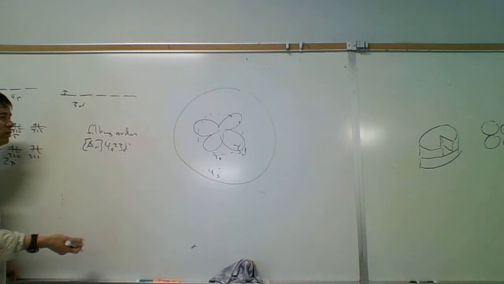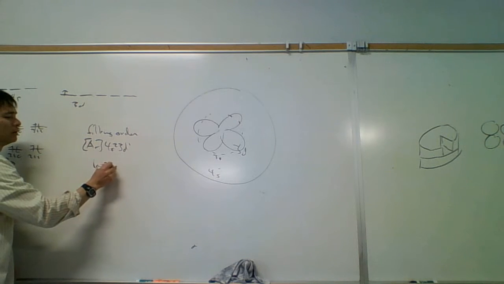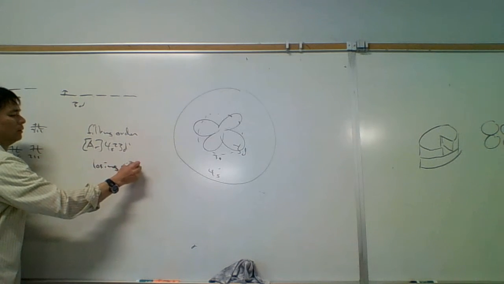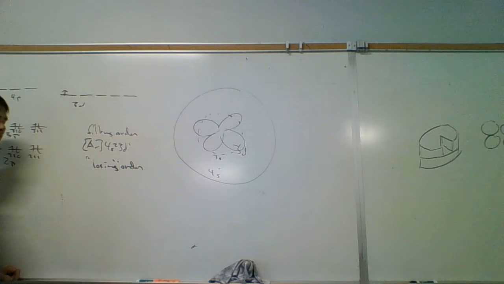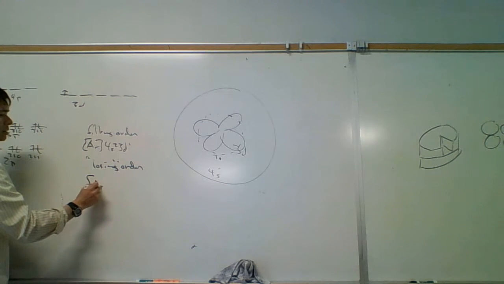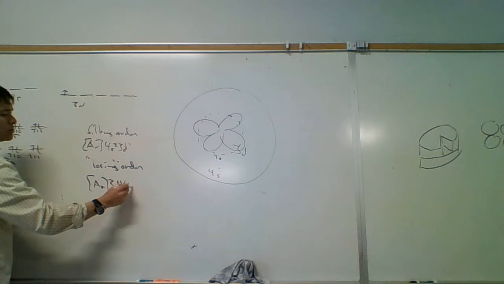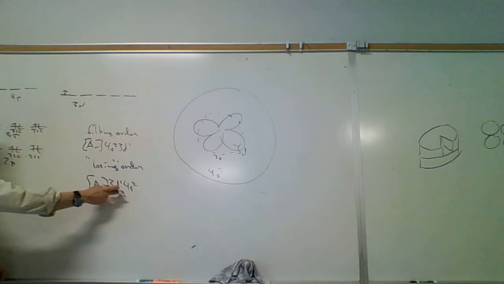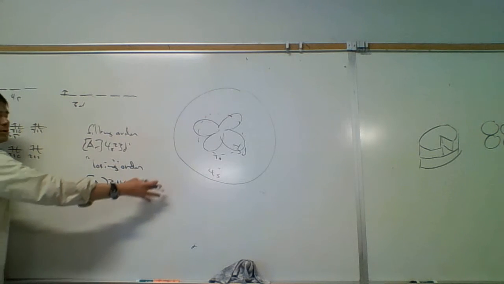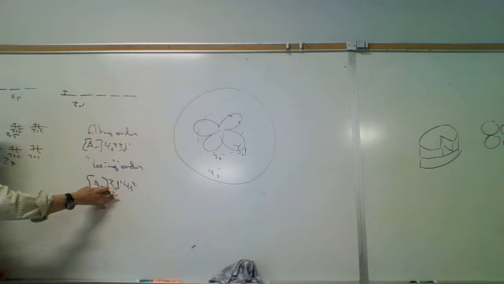However, when we remove electrons, then we have the losing order. Losing order is when an oxidizer comes along. The losing order is going to be like this: 3d1, 4s2. The 4s2 are furthest away, so if something's going to attack, it's going to attack the 4s2 first, and then the 3d1.